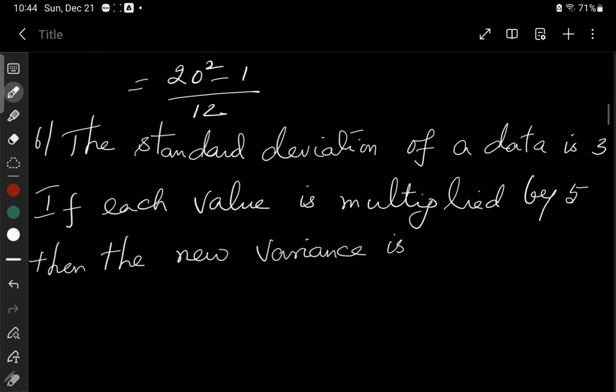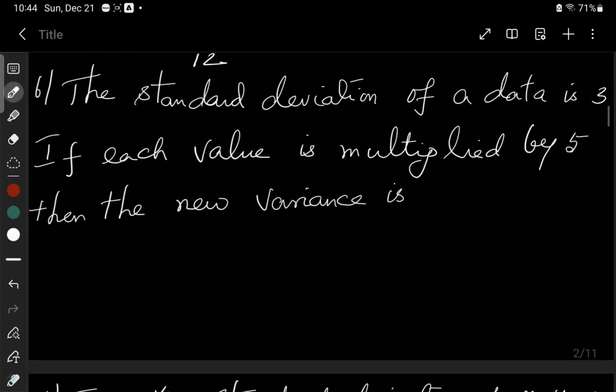Next question. The standard deviation of a data is 3. If each value is multiplied by 5, find the new standard deviation. One of the rules of standard deviation is that if any constant is added to the given data, the standard deviation will not change.